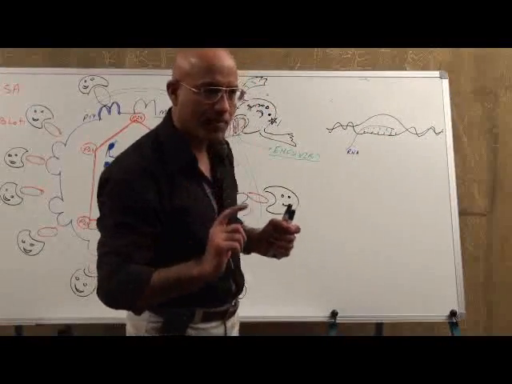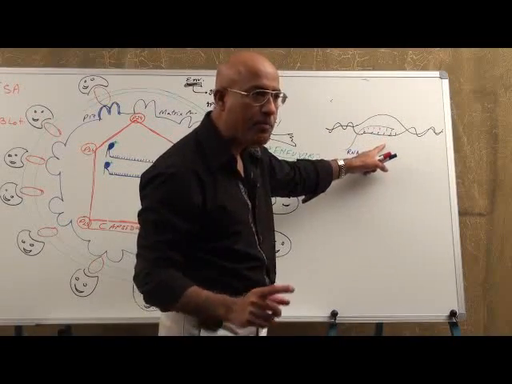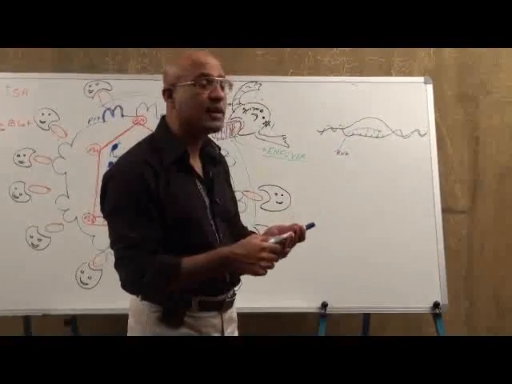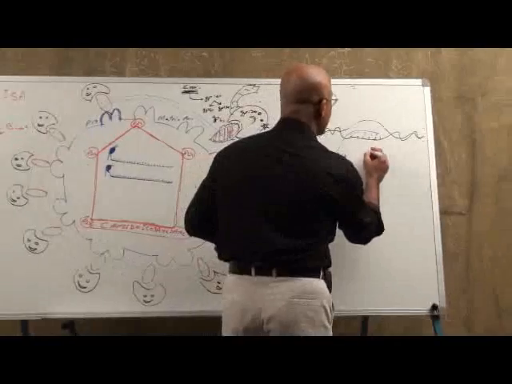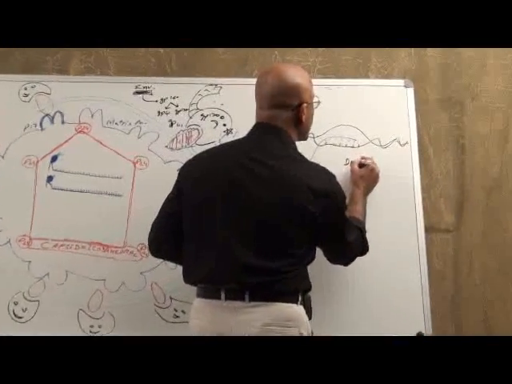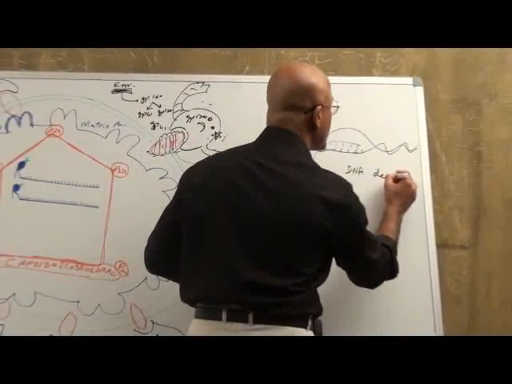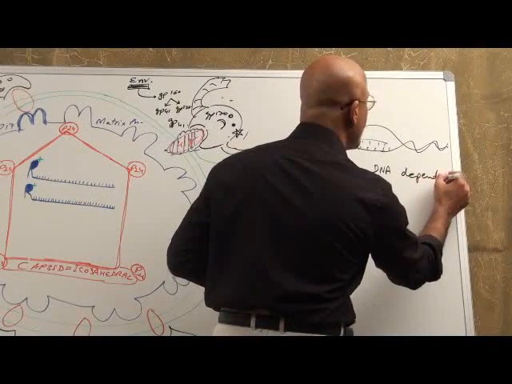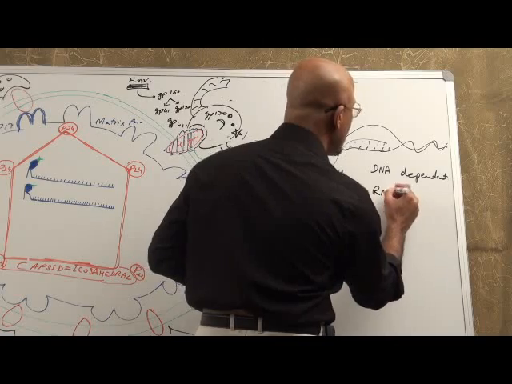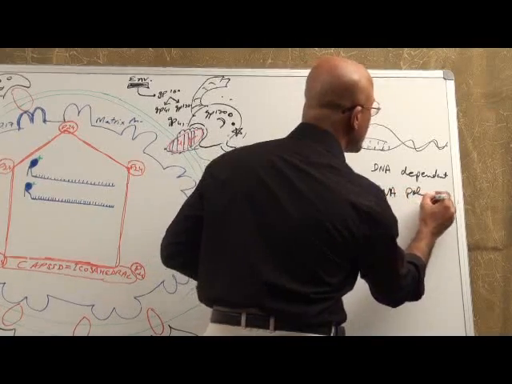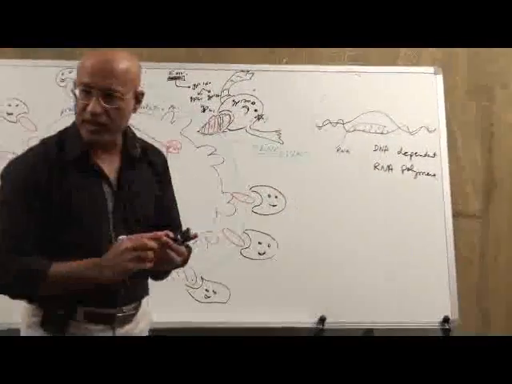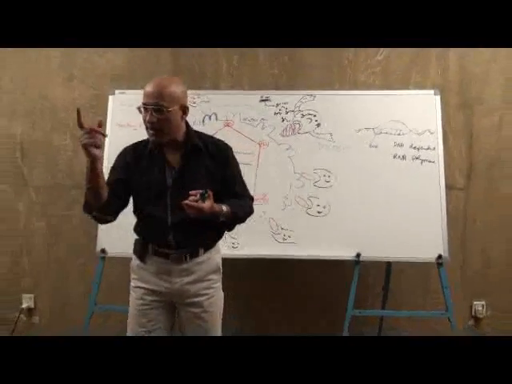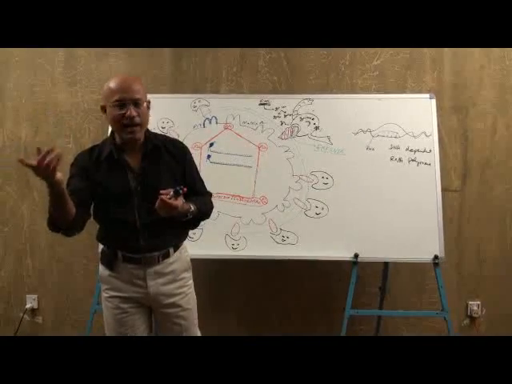The enzyme which will read our DNA and make the polymer of RNA, these enzymes in our body are called DNA dependent, because they read DNA. So they are DNA dependent RNA polymerase. I will repeat. If an enzyme can read the DNA and make RNA, we call it DNA dependent RNA polymerase.